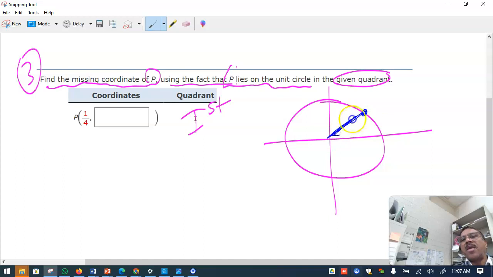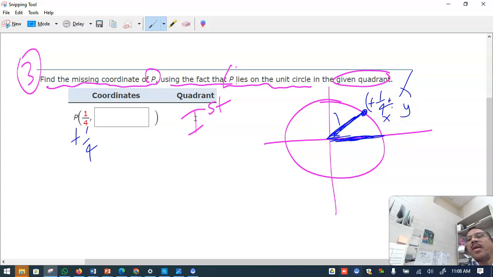So that's the angle maybe. And then the x coordinate is given to us as plus 1/4. And this is 1, right? And you need to know what is the other one. So they gave you x and we need y.